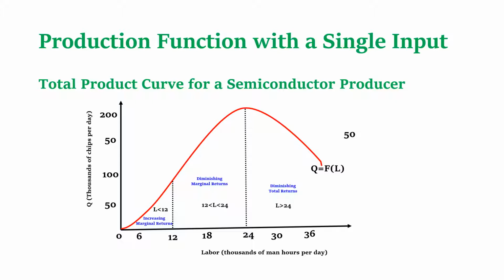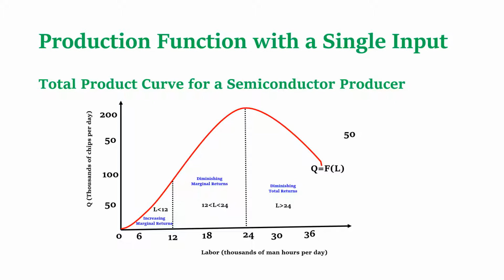You have some plants that are not being operated in the first place because you have so many idle resources. When that occurs, output will not be increasing. It will be decreasing. So that's why you see the curve declining after L equals 24.